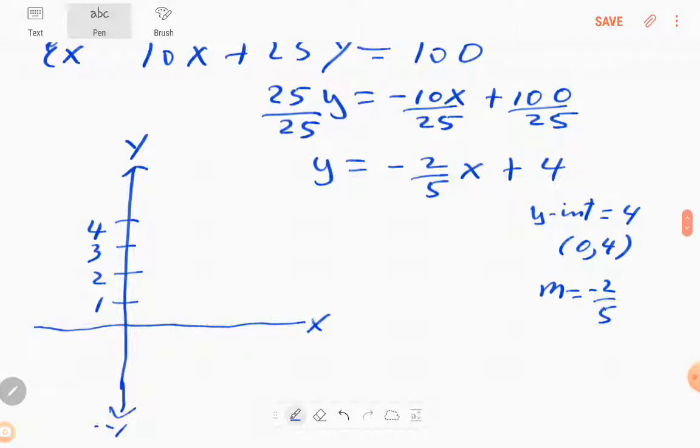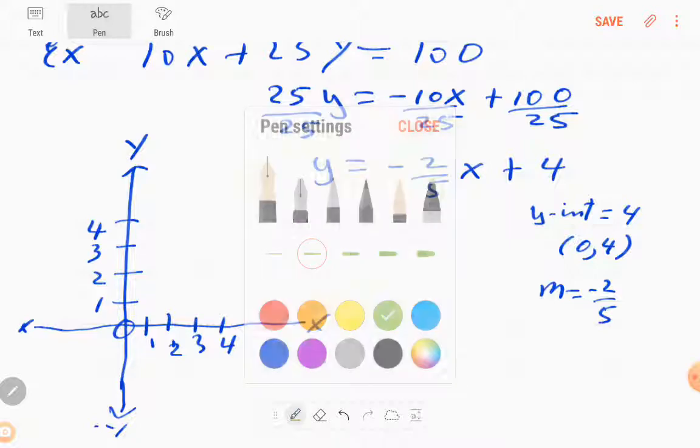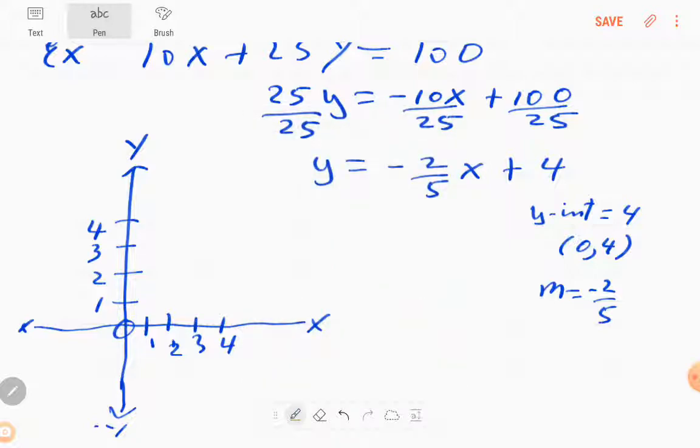Here's our x-axis. So we want to start at (0, 4).